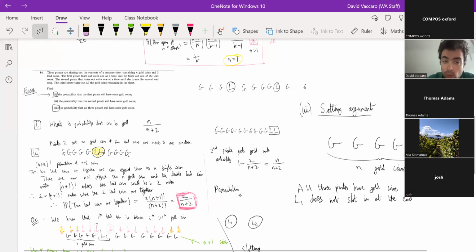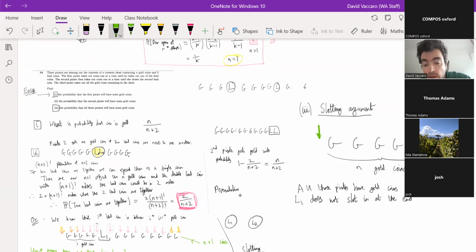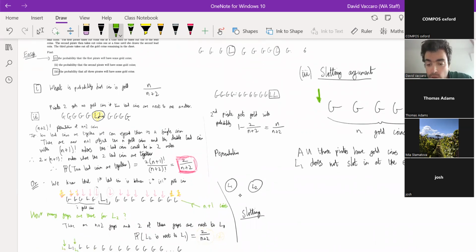Okay, we can't have L1 slotting in at either end, because if L1 slots in at the beginning, or if L1 slots in at the end, then either the first pirate or the last pirate doesn't get any gold. So all 3 pirates have gold coins if L1 does not slot in at the beginning or the end. Well, how many slots are there in total between the gold coins? Well, there's n gold coins and there's n plus 1 slots.